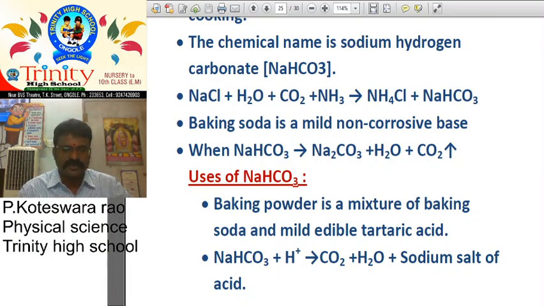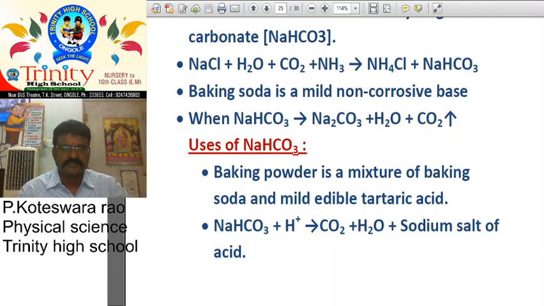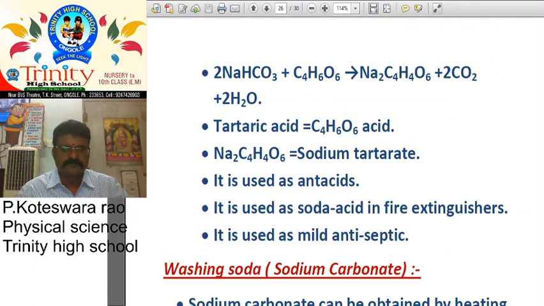How is it possible to explain? Listen carefully. Yes, this is the equation. It is not there in our textbook because we have already given it. Take care. Tartaric acid formula: C4H6O6.